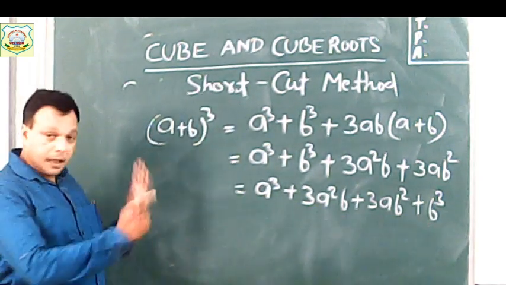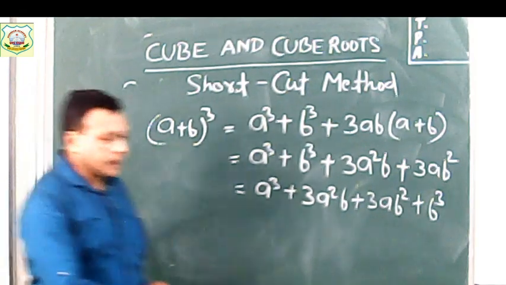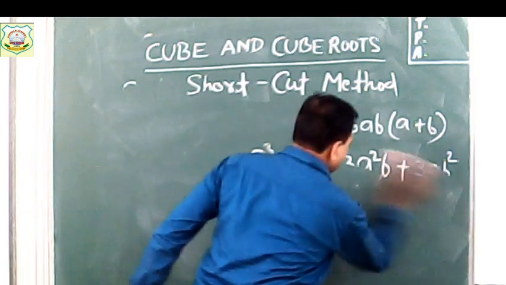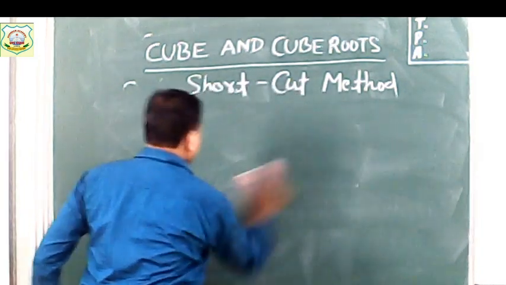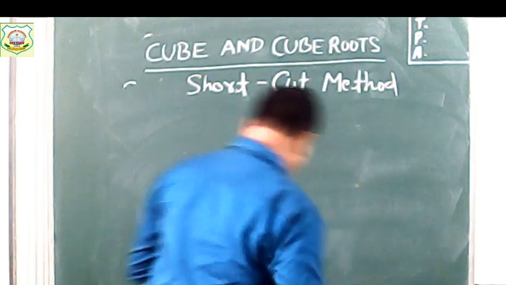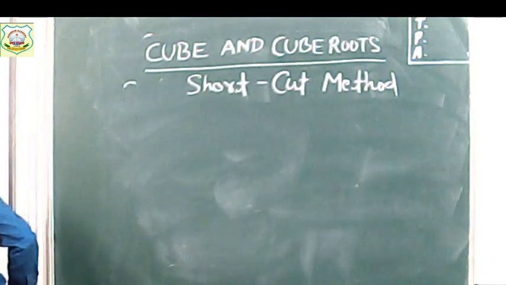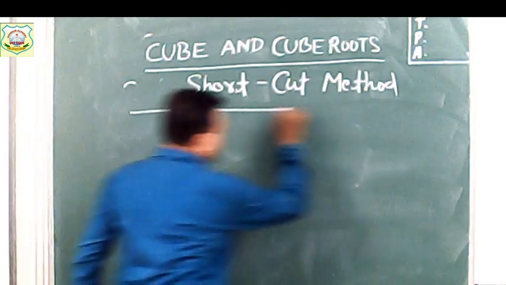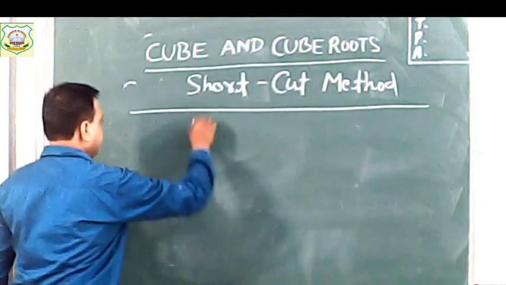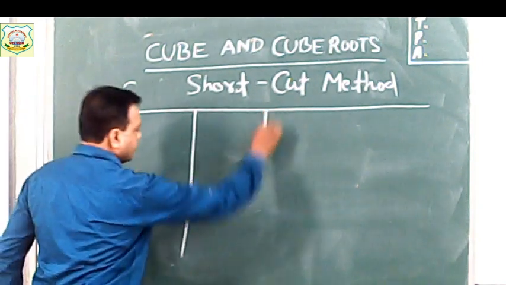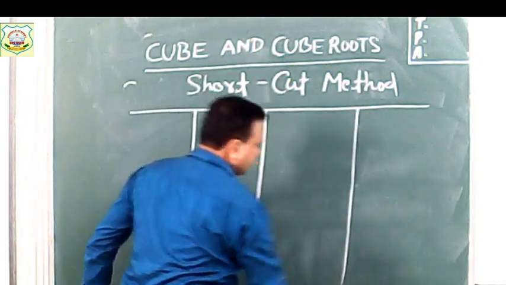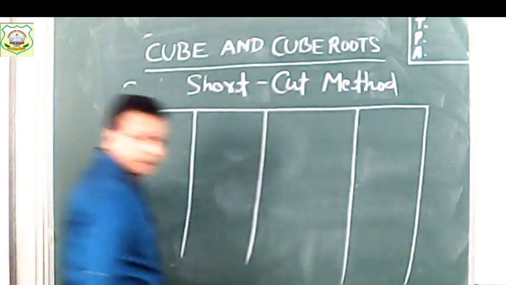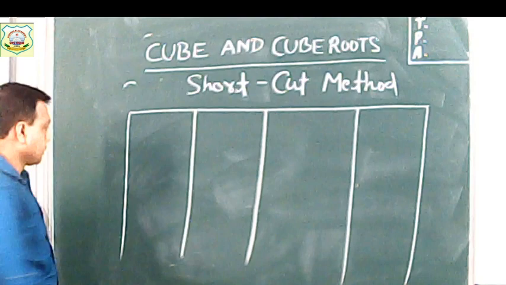How will we arrange it in the column? We will see. For the column method, first of all draw 4 columns. This way we have to draw.